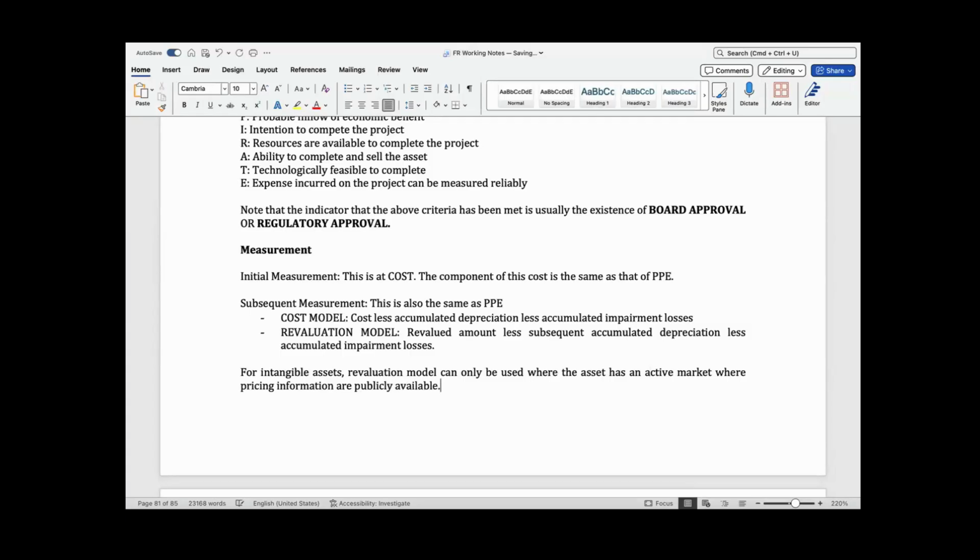This is so important, and a lot of us will just forget, but it's important. And you see, this is why most intangible assets are measured at cost model.